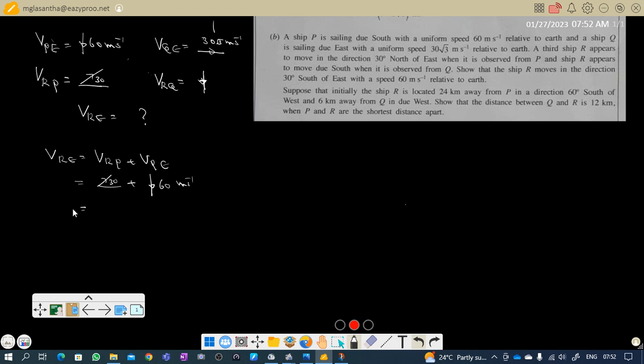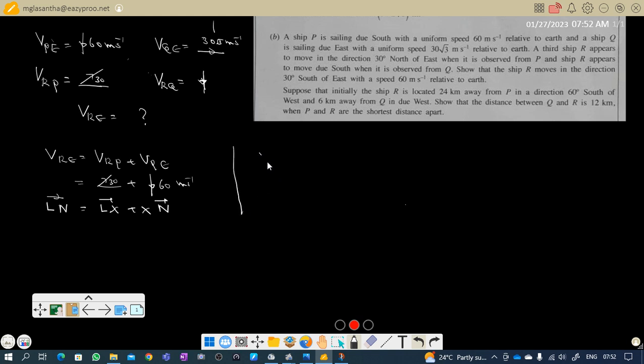So you can draw two velocity triangles. Take the vector VRE as LN, equal to LX plus XN. So you can do the velocity triangle for that one.